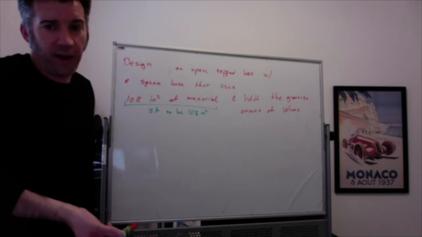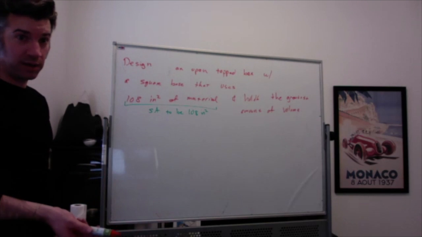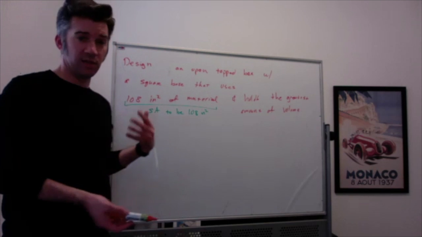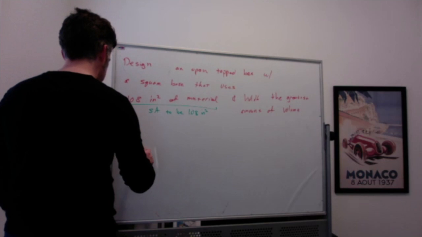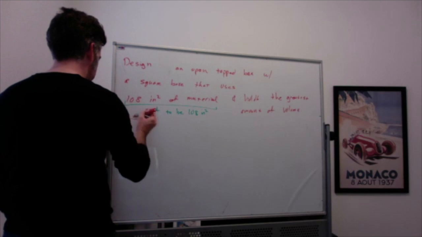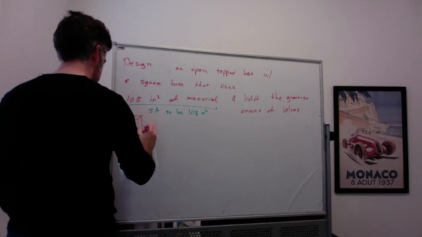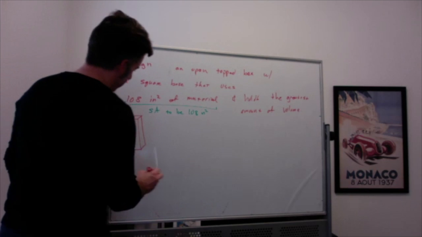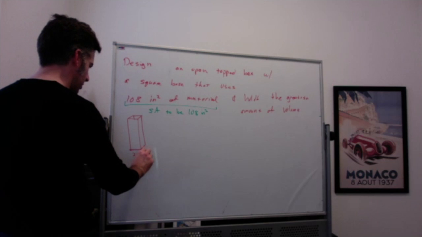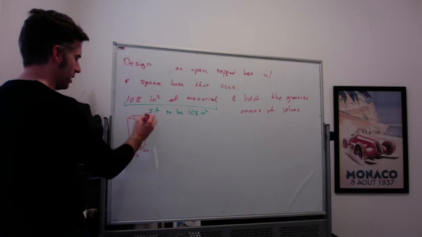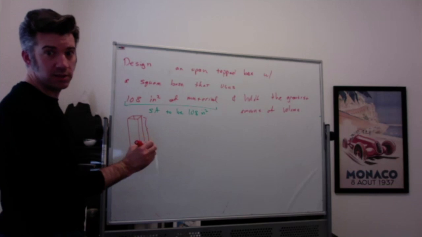There are lots of boxes you could make that have 108 square inches of material. I could have, say, this tall, skinny box, where the square base was 2 inches by 2 inches, and the height was 13 inches.